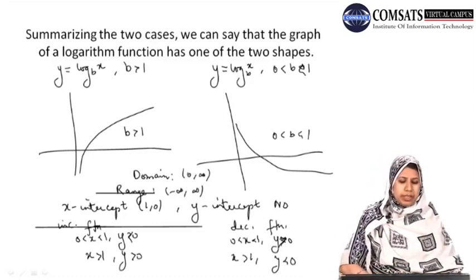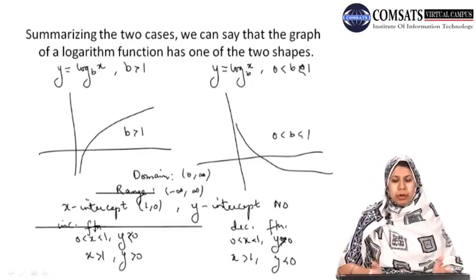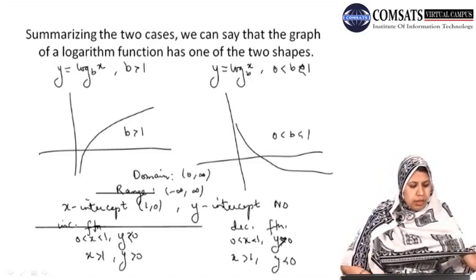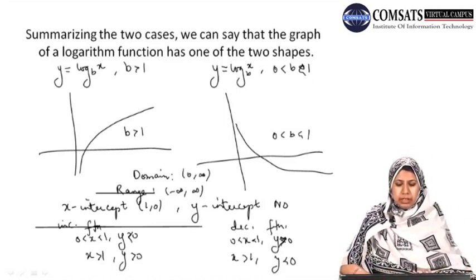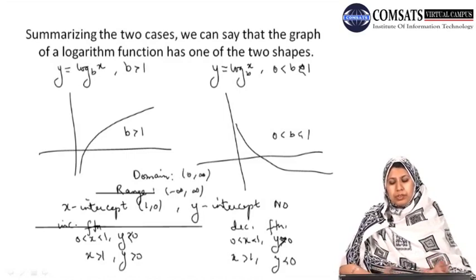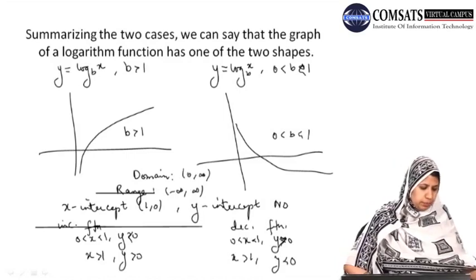So now we have summarized the properties and the characteristics of logarithmic functions, and we can see that for different values of b, the graphs are almost the opposite of each other.